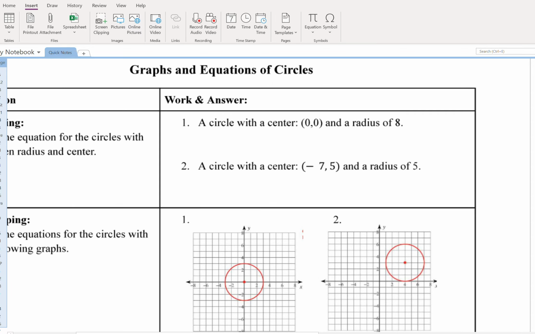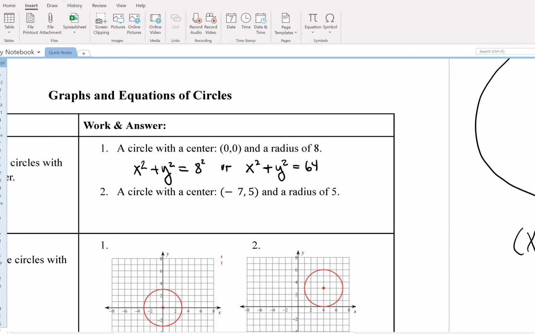A circle with center 0, 0 and radius of 8 would be x squared plus y squared equals 8 squared, or you could write it as x squared plus y squared equals 64. Just take the 8 squared and write it as 64.